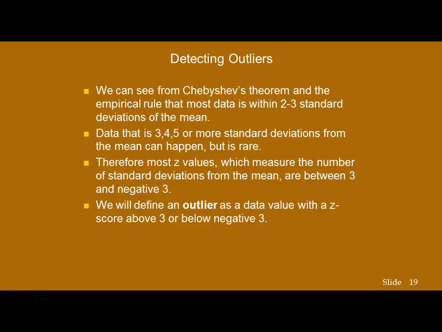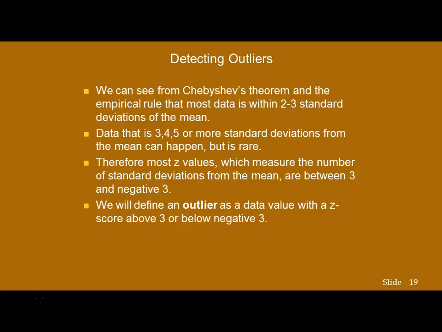So what this is telling us is that most z-values, which count standard deviations from the mean, are going to probably be 3 or less in absolute value. 3 or less, or -3 to +3. So we're going to define an outlier as a z-value bigger than 3 or below -3, outside the plus or minus 3 range.